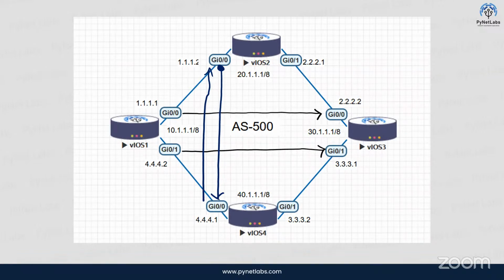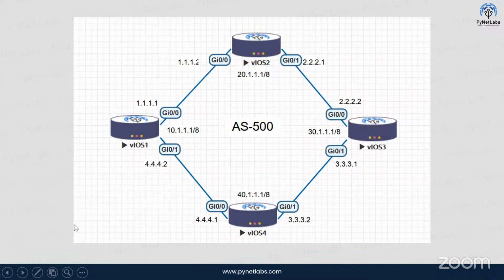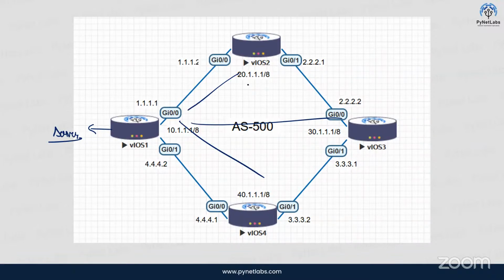Okay, we just got one query from Sahil, and Sahil is saying that we want to see the route reflectors. Whenever we are defining route reflectors, we don't need to go with the full mesh neighborship. Suppose this is your diagram and you are defining route reflectors: you can define this Router 1 as your server, and all the other devices as your clients.